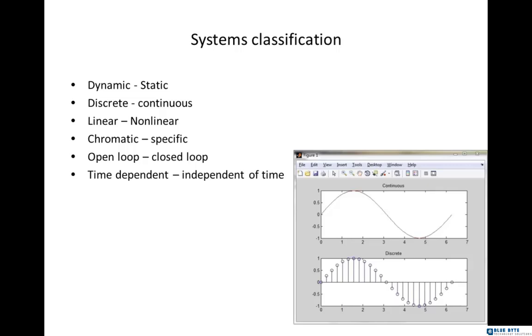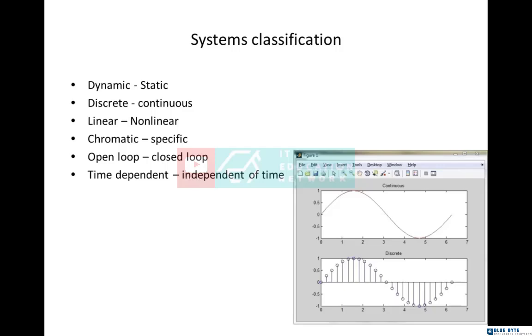Systems whose current output is dependent on the output of the previous system are dynamic, and the systems whose current output is not dependent on the previous system, but is a function of the performance of the current system, are static.